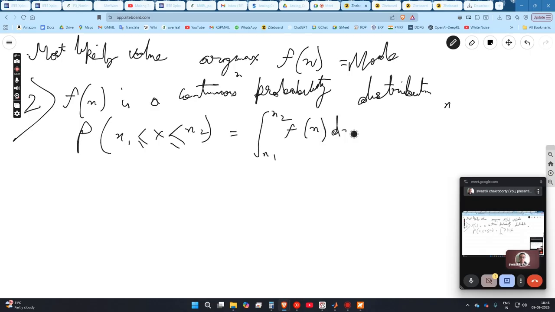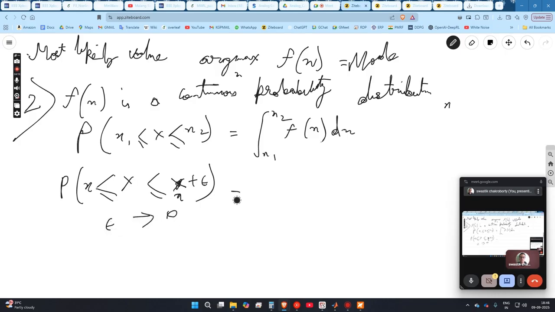Now if x1 is x, then the probability that it takes a specific value is that it will lie between x and x plus epsilon, where epsilon tends to 0. So you integrate fx dx between x and x plus epsilon.